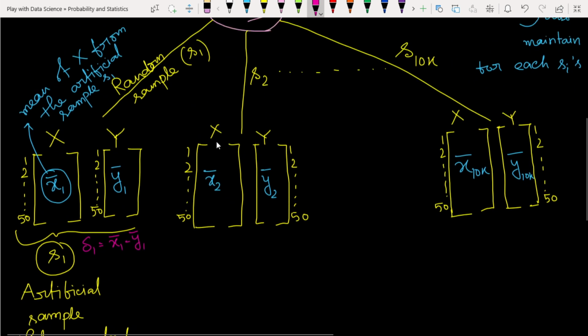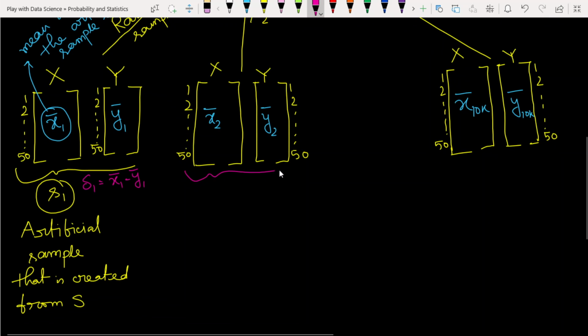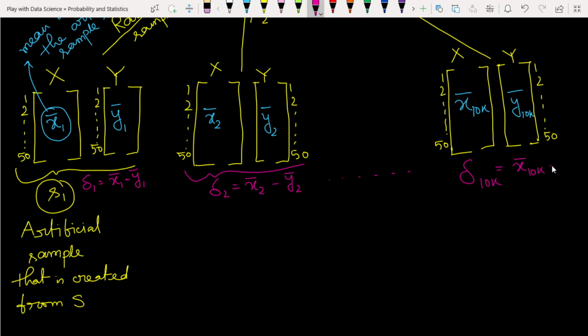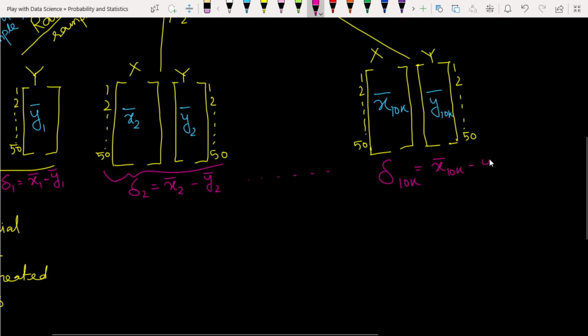Similarly for set S2, delta 2 will be x2 bar minus y2 bar. Similarly we calculate small delta 10k, which will be x10k bar minus y10k bar.